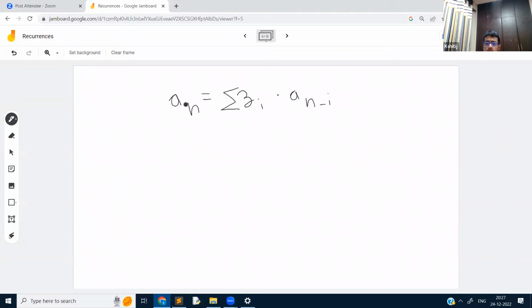For example, if there are k terms on the right hand side, Zi can be 0 also. So now I've framed An according to its previous terms and some coefficients.